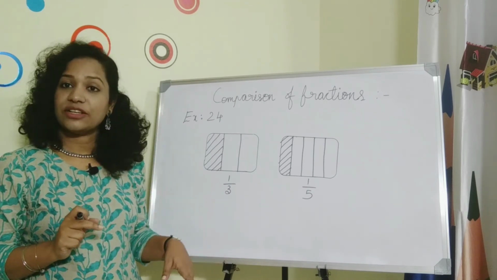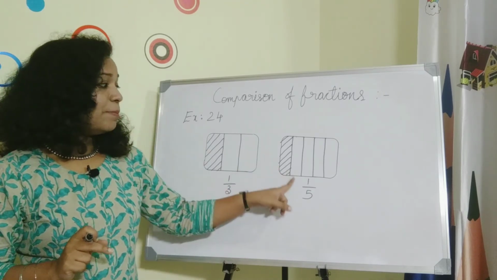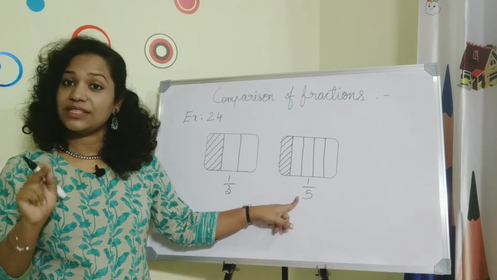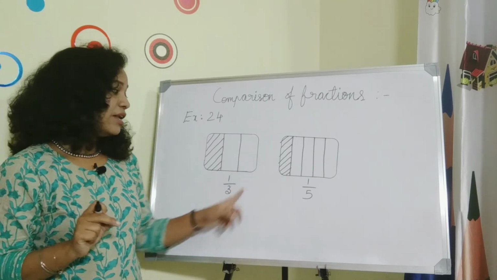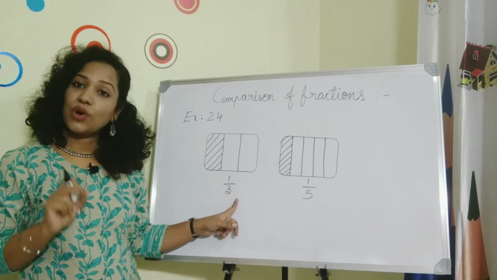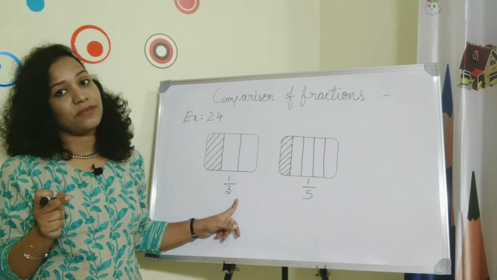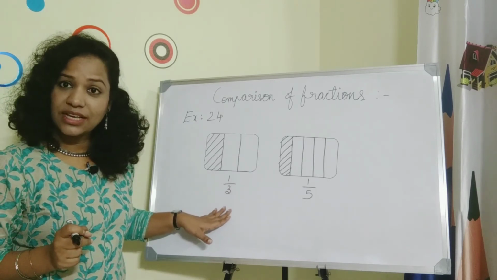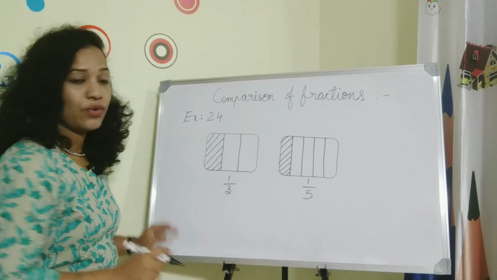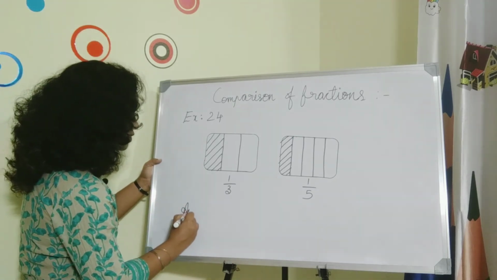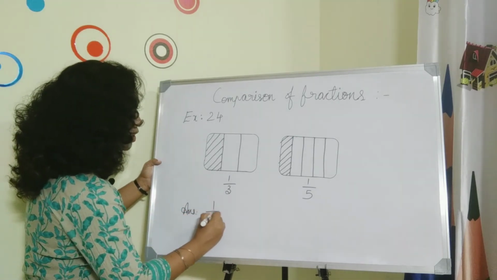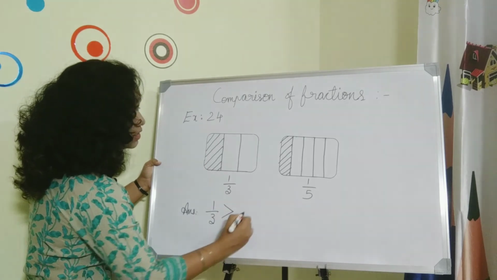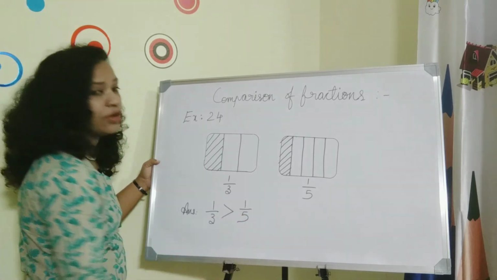Yes, the fraction which has the bigger denominator is the smaller fraction and the fraction which has the smaller denominator is the bigger fraction. 1 by 3 is bigger than 1 by 5. So let's write our answer. 1 by 3 is greater than 1 by 5.